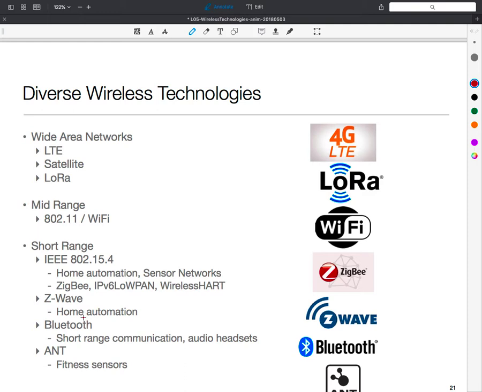Mid range, by that I mean a few hundred meters, and then short range, kind of room or even on-body type networks. So for wide area, we all know LTE, and there are companies which provide so-called M2M networks on top of LTE, machine to machine.